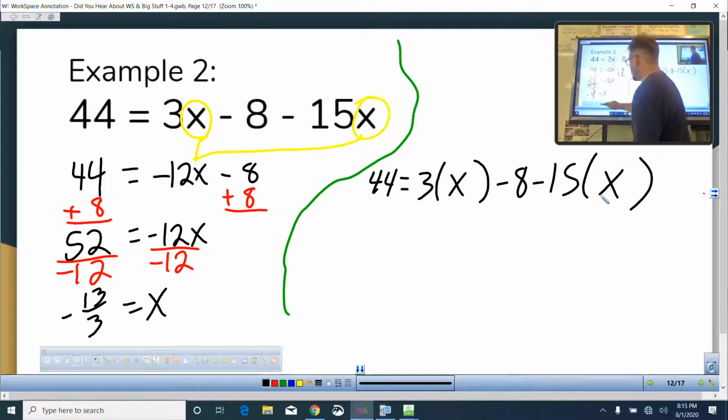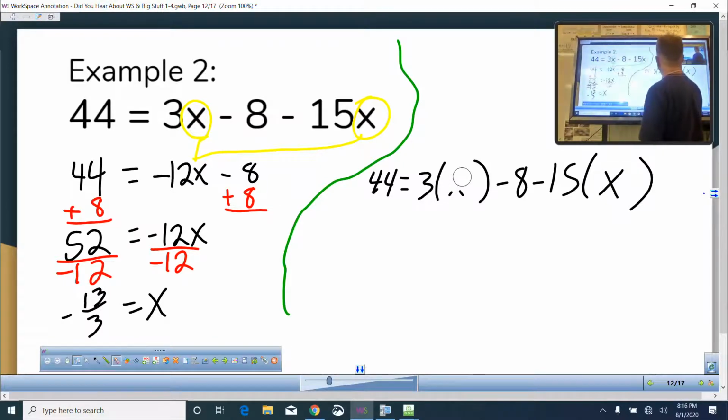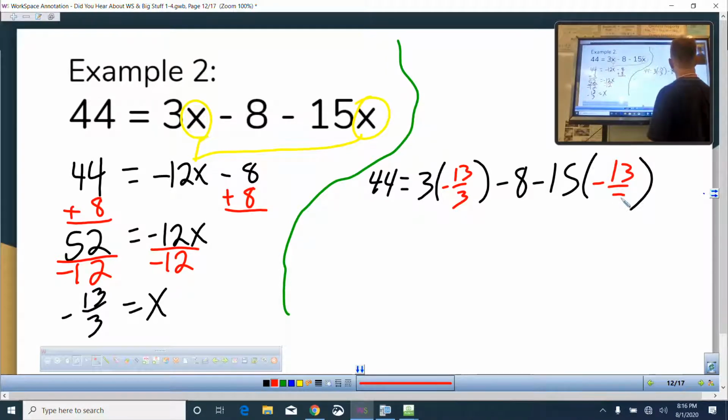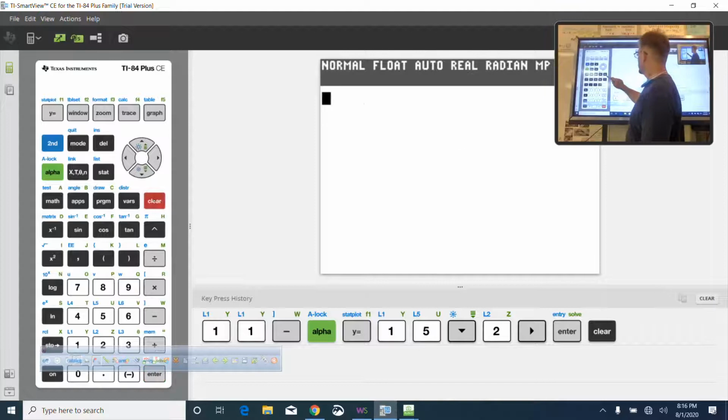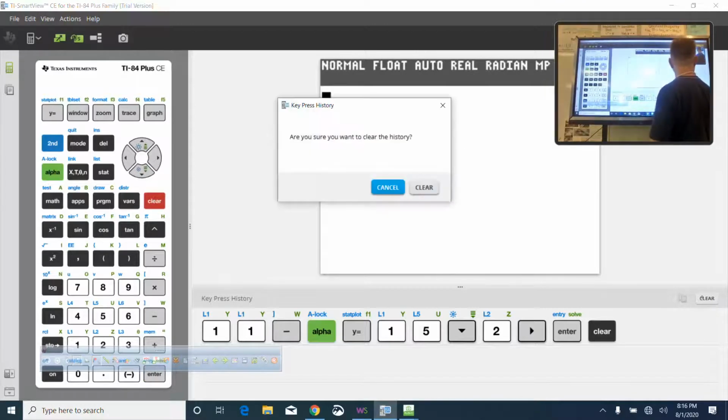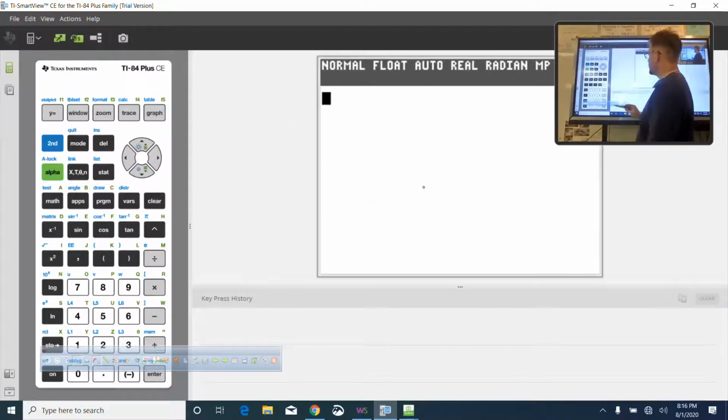I'm going to literally erase these x's and put in negative 13 over 3. Negative 13 over 3. Okay, now I'm going to go over to my fancy-dancy calculator here. So clear these things out so we can follow what's going on easier.